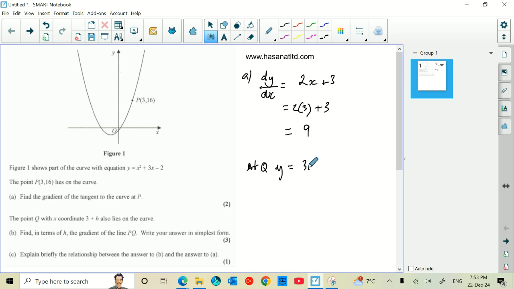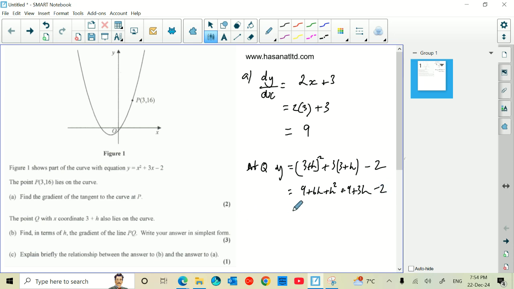So that's 3 plus h all squared plus 3 times 3 plus h, and of course minus 2. And that's going to give me 9 plus 6h plus h squared, plus 9 plus 3h when we expand the other brackets, and minus 2.